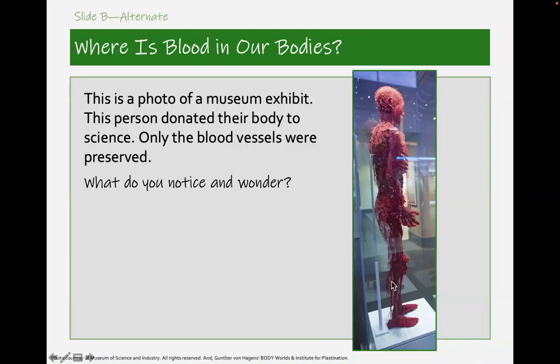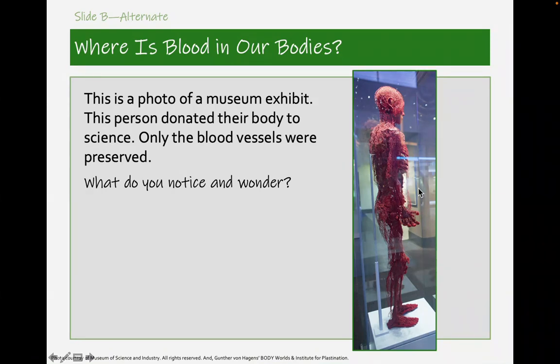And we noticed that if you look in the leg here, you can see through most of the leg. So we're wondering why there's not a lot of blood vessels down there. A lot in the head, a lot in the chest. The belly's kind of empty. We're thinking maybe, if people add a little weight and get a little fat, usually it's in the belly area, so because there's so much fat here, we wouldn't see a lot of blood in there.